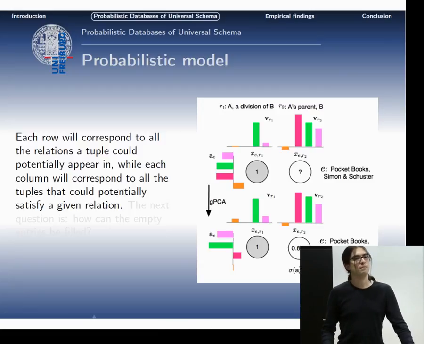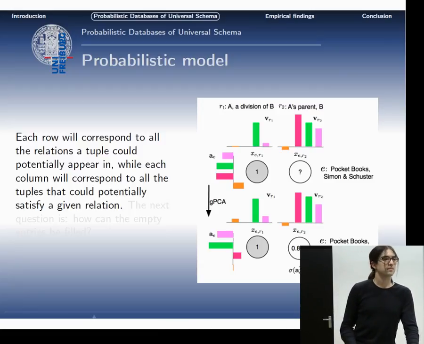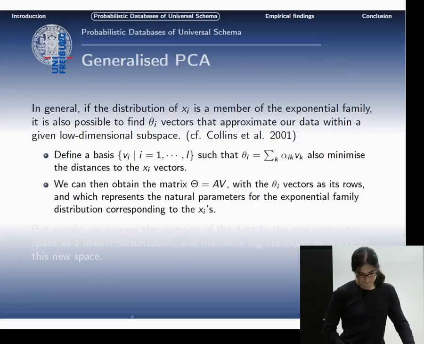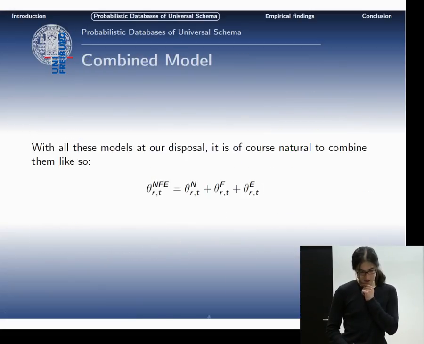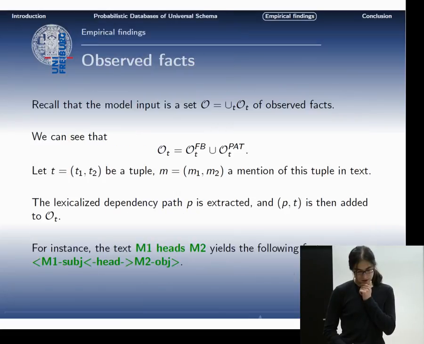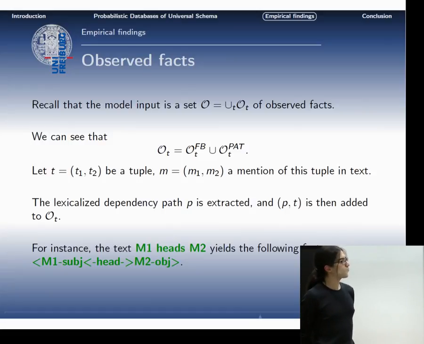Good. Any more questions? So if you go back to the extracting of the lexicalized dependency path, where you add it to the tuples of observed facts. So you actually add the path as an observed fact?